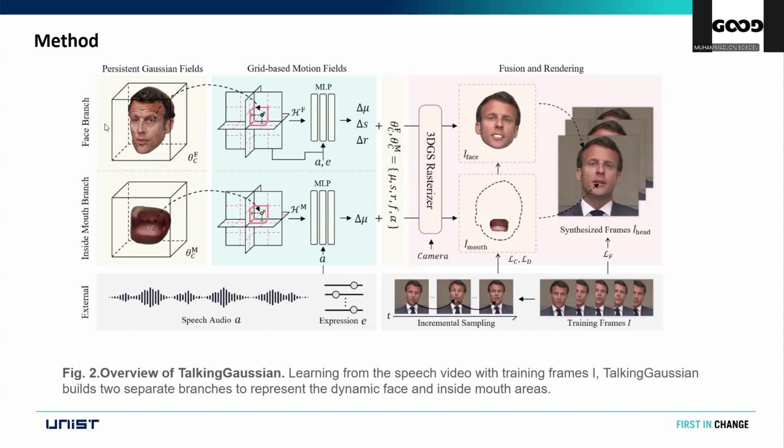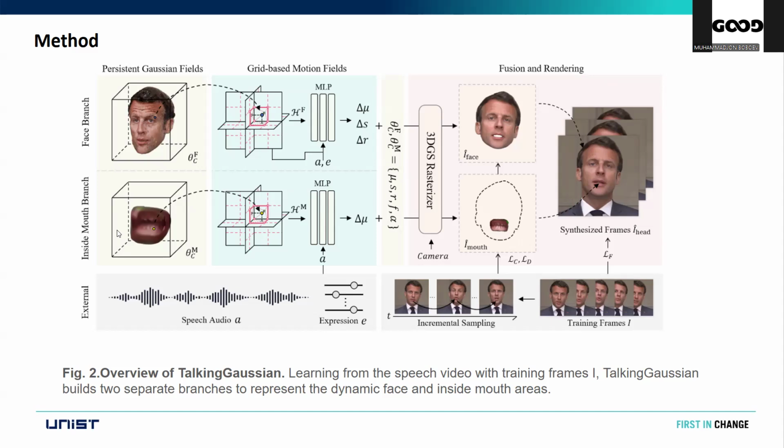The reason they're using two branches is, as I discussed before, it's possible to predict the motion field using just one persistent Gaussian field, but I will show some qualitative and quantitative results which suggest that if we separately model the deformation of the face and the mouth region, it actually performs better.